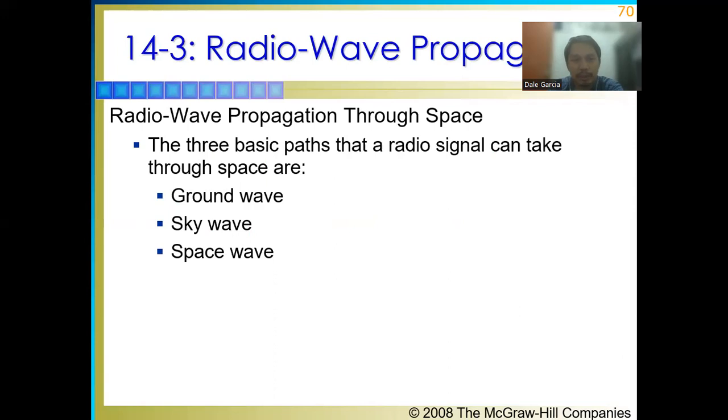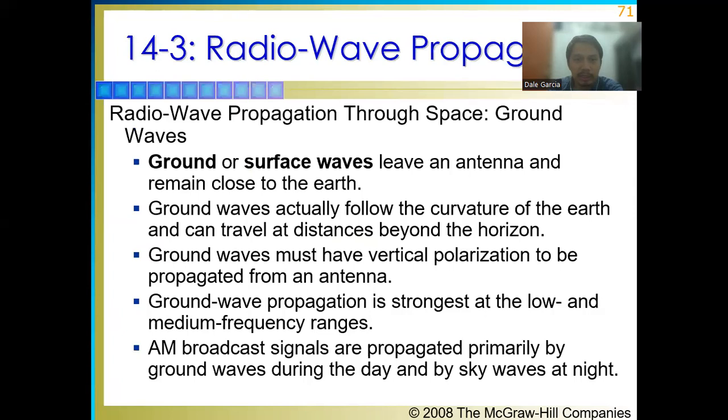When we say ground wave or surface wave, the transmitter uses the surface of the earth to propagate the electromagnetic signal. In other words, the electromagnetic wave travels along the surface of the earth.